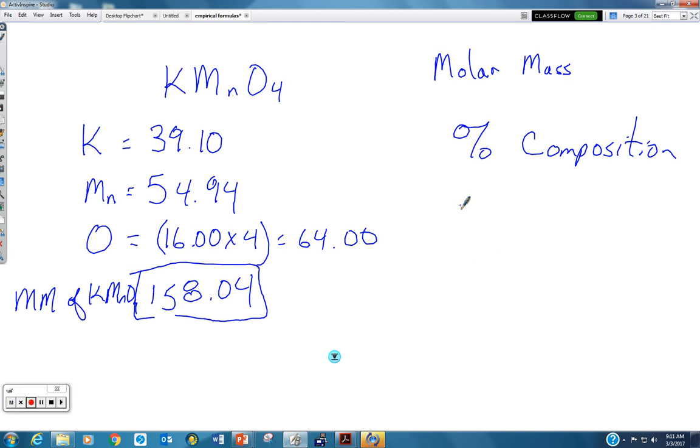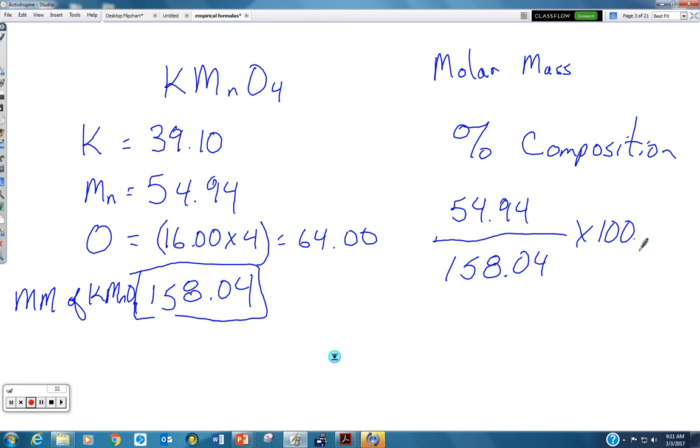I'm going to take the mass of manganese, 54.94, over the total mass, 158.04, times 100.